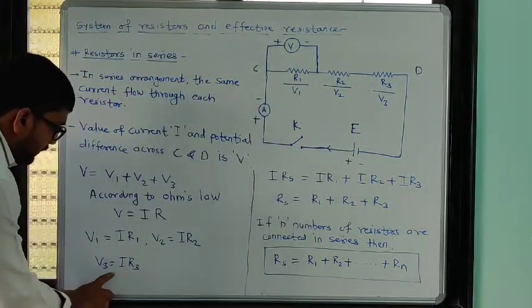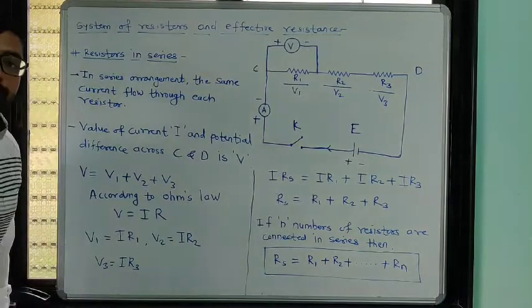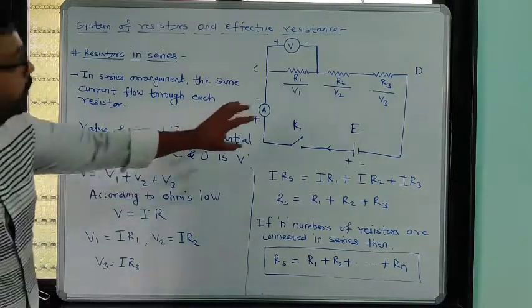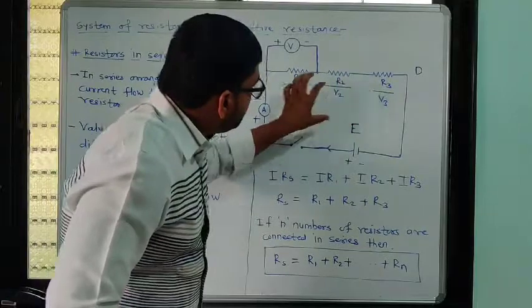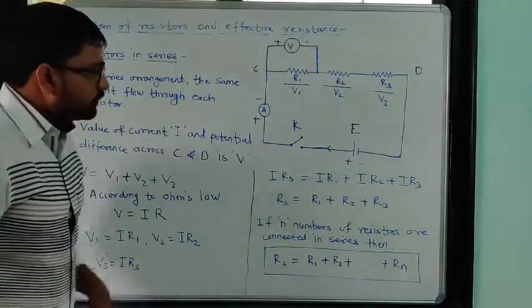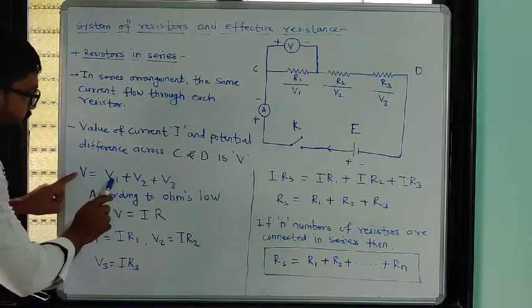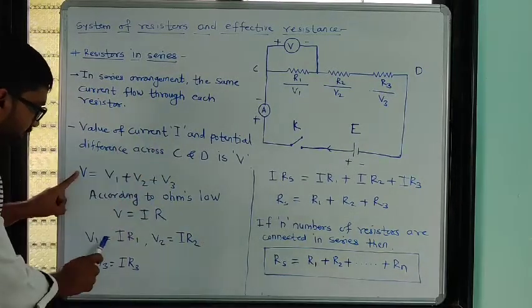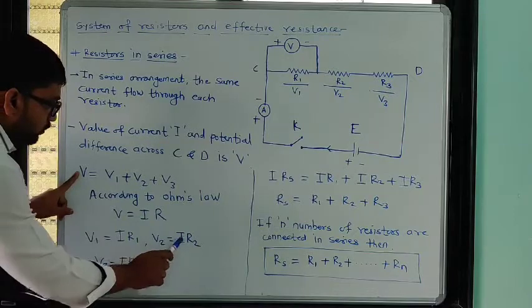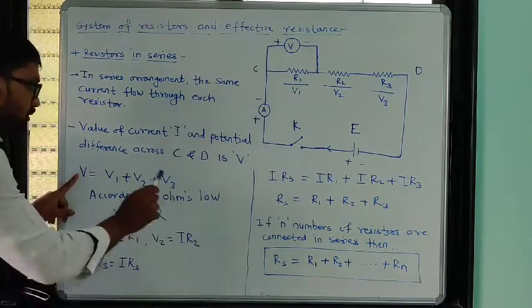So V3 will be equal to I R3. That is the potential difference across each resistor. So we know that the total potential difference V is equal to V1 plus V2 plus V3, where V1 is equal to IR1, V2 is equal to IR2, and V3 is equal to IR3.